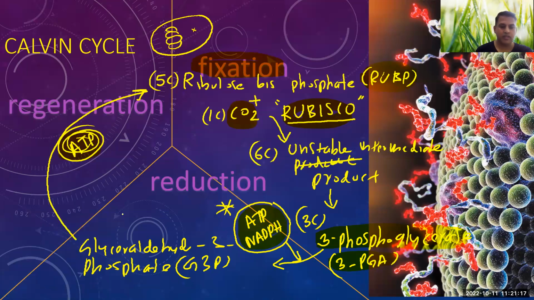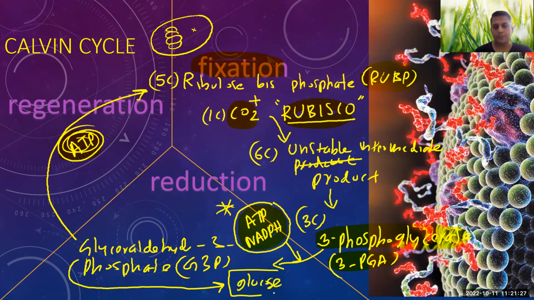And the second pathway is that glyceraldehyde 3-phosphate can move on to produce glucose. But we are not learning that pathway in detail. We just say glyceraldehyde 3-phosphate can produce glucose.